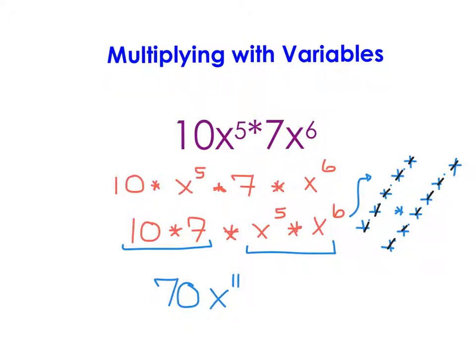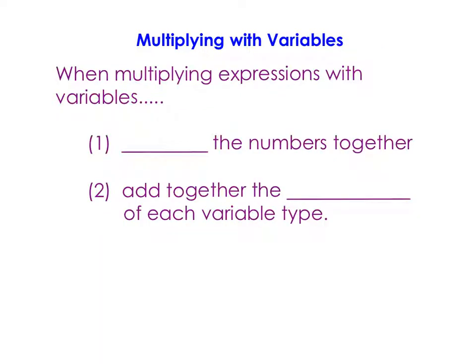So when we're multiplying things with variables together, we can actually start by rearranging them if we'd like. And then from there, multiplying our numbers and multiplying our variables together. So for those of you who like formal notes, when we're multiplying expressions with variables, we multiply the numbers together.